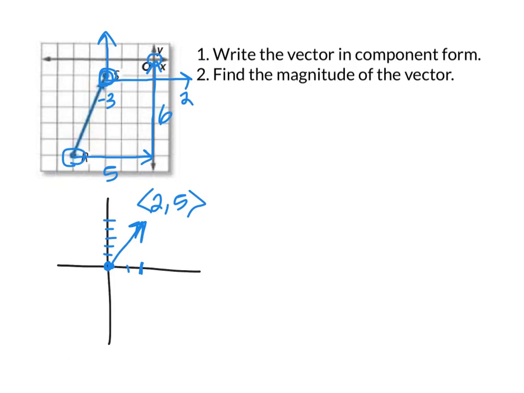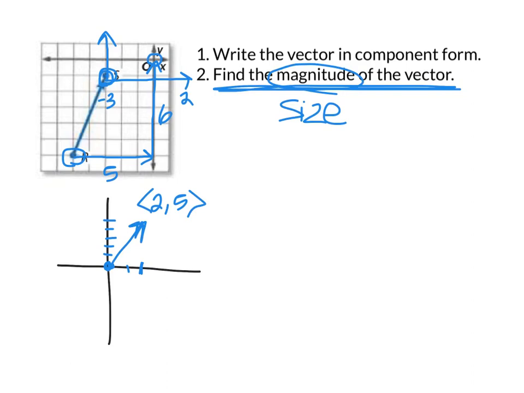So one of the cool things that you can do once you know the component form of a vector is you can find the magnitude of the vector. Remember what magnitude is? Magnitude means size. You can find the size of the vector. Now, we don't know anything about this vector.